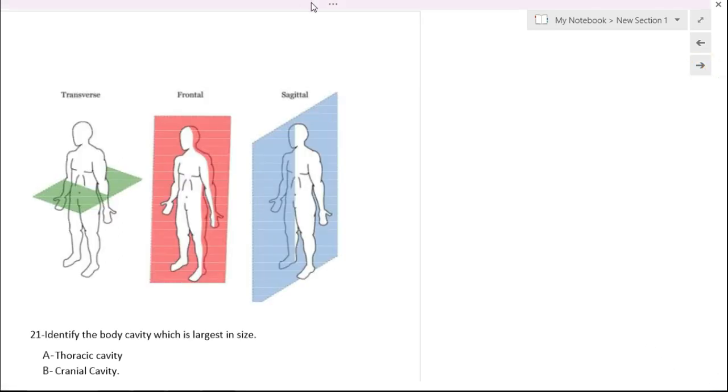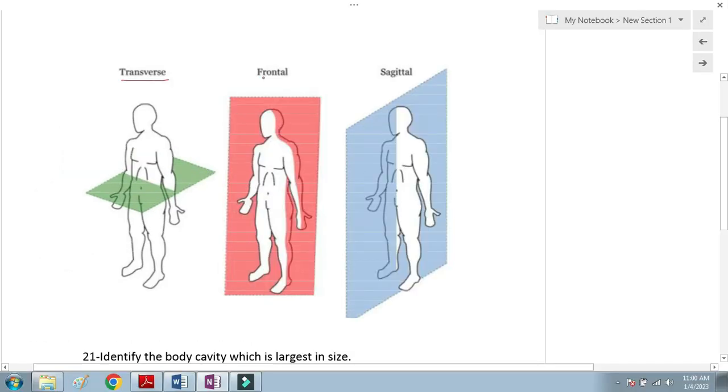Before that, we will see the different planes which can divide the body. Here in this picture, the first one is transverse or horizontal. The second is the frontal plane, which is also called the coronal plane.